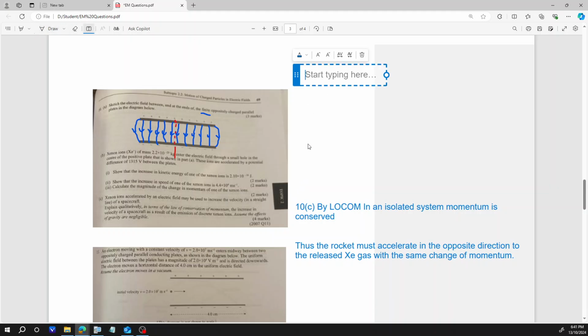Okay, so the gain of kinetic energy is delta V times Q. The potential difference times Q equals the kinetic energy. These have got a single positive charge.